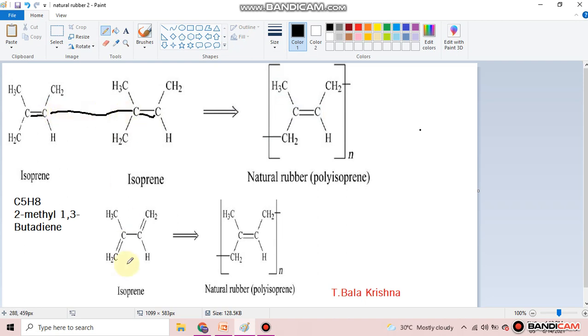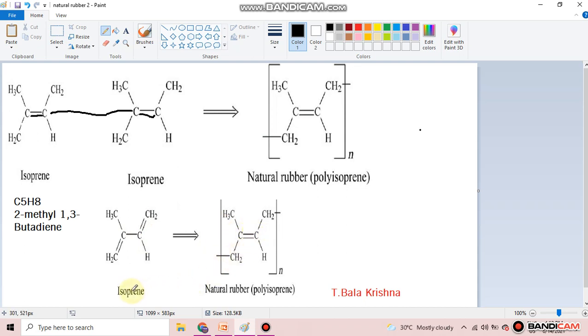Before bond formation, it has 2 double bonds. You observe these two molecules before bond formation. It has a double bond between these two carbons, which is connected to a single bond, and this single bond is connected to a double bond. So you can easily remember: double bond, single bond, double bond, single bond.